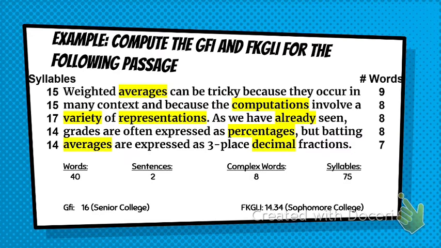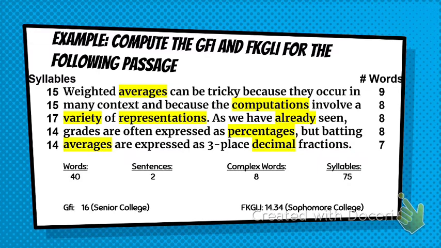And now that I have this information here, this is what I can enter in after I do a little bit of formulas in Excel. Let me show you how I got this. So this passage got a grade of 16 on the GFI, and on the FKGLI, it got a 15.34.